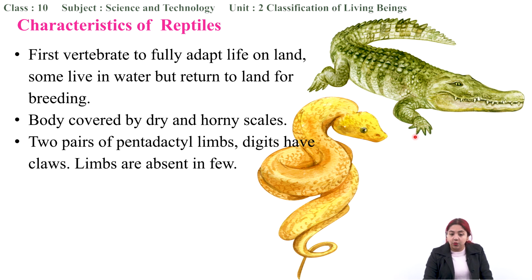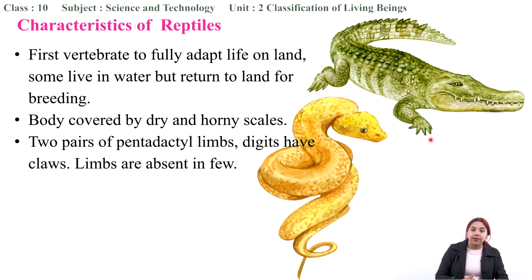You can see over here 1, 2, 3, 4 and 5, and the digits of the reptiles have claws. The digits of the amphibians did not have any claws, but reptiles have claws. But there are certain reptiles that do not have any limbs. For example, this is a snake, and it does not have any limbs. So limbs are also absent in a few of the reptiles.